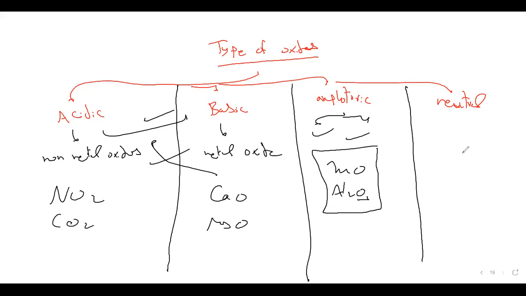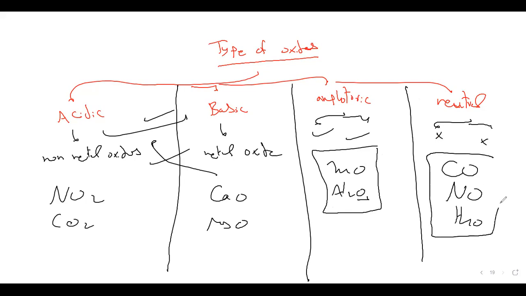Neutral is the opposite, it doesn't react with anyone, like carbon monoxide, nitric oxide, and water. And take care that we have CO2 and NO2 as acidic, but CO, NO, H2O are neutral.